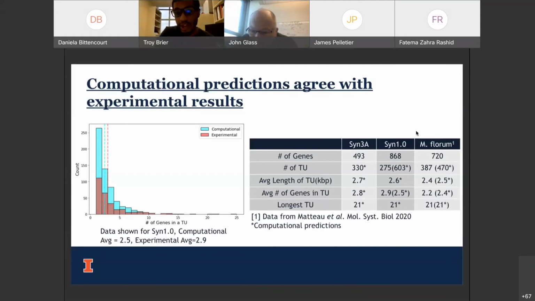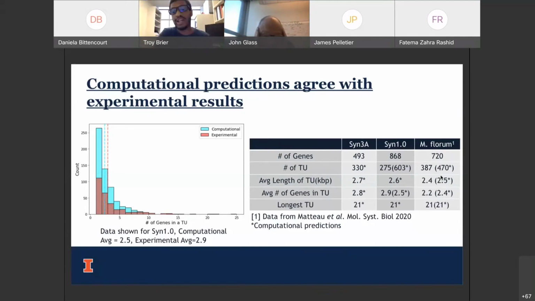Another nice thing to note, if you look at this column to the right, is that a similar study was done in Mesoplasma florum, where they were able to identify the transcription units using transcriptomic analysis, but an analysis that differed from the one that I previously discussed.